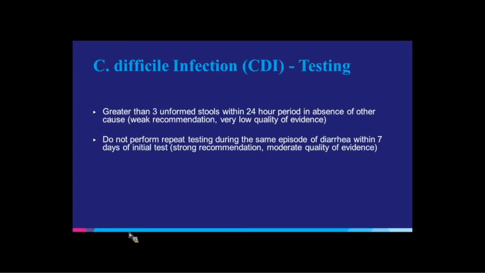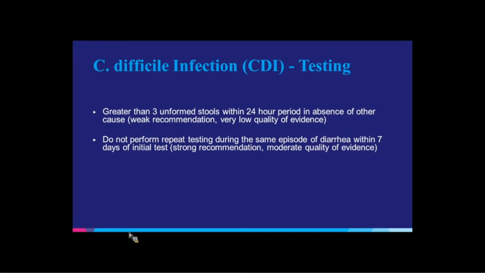So testing. How do they define it? I think this is an area where there is some debate, but what they come down and say is, in general, as a weak recommendation based on very low quality of evidence, when should we think about it? Greater than 3 unformed stools in 24 hours in the absence of another good cause. They also come down with a strong recommendation in moderate quality of evidence around testing.